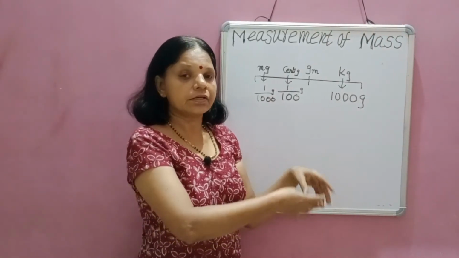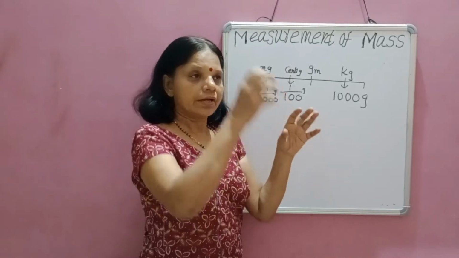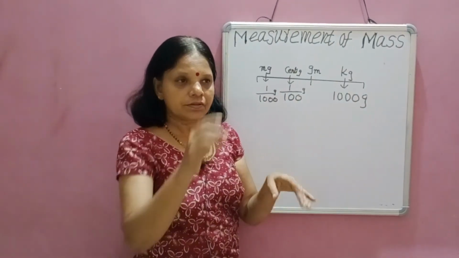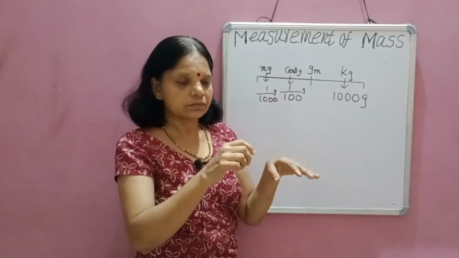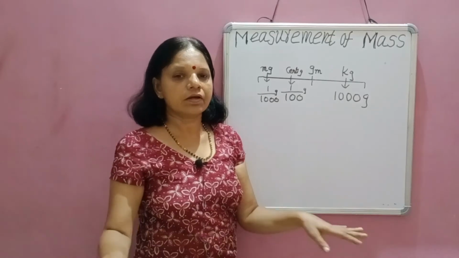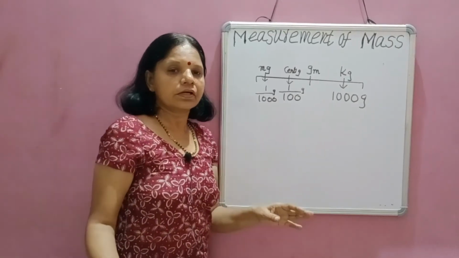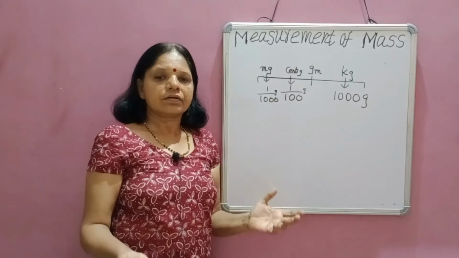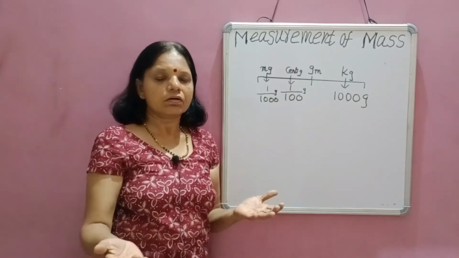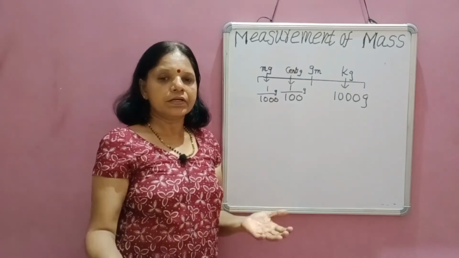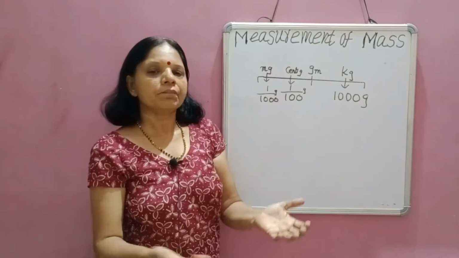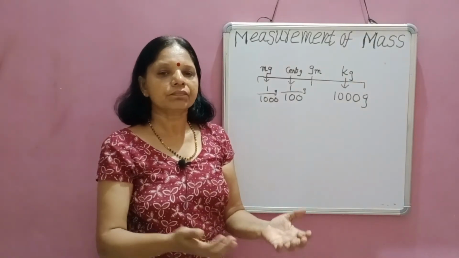They will take the standard weight. At first, when they suspend the pan balance, both the pans will be at the same level. What does it mean? The gravitational force acting on both the pans is same, or the weight on both the pans will be same, or both the pans have the same mass.